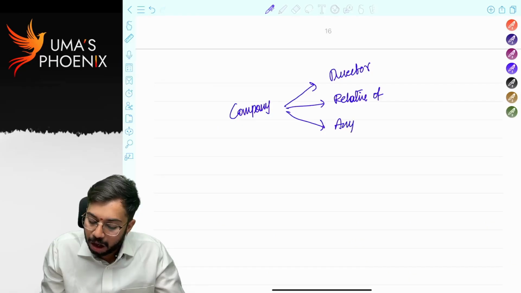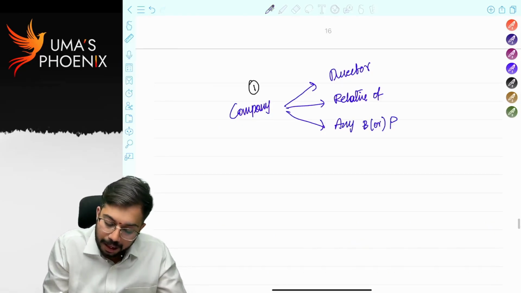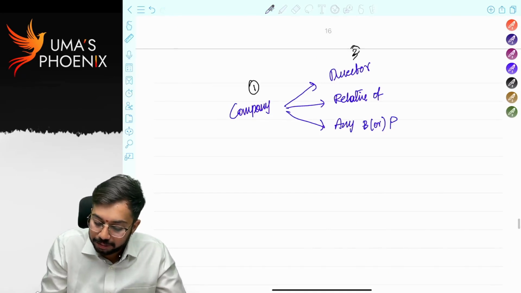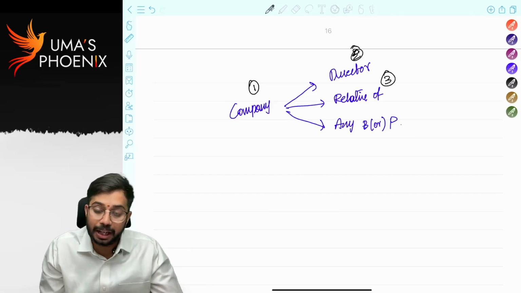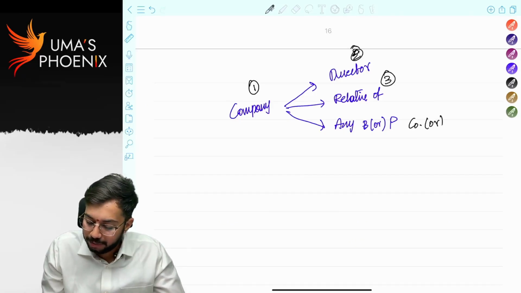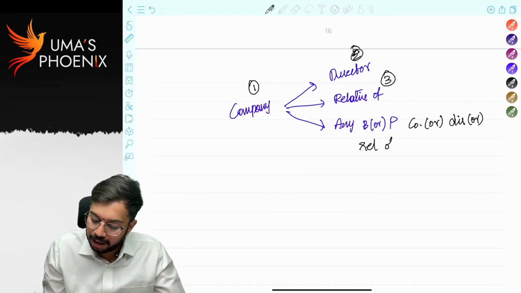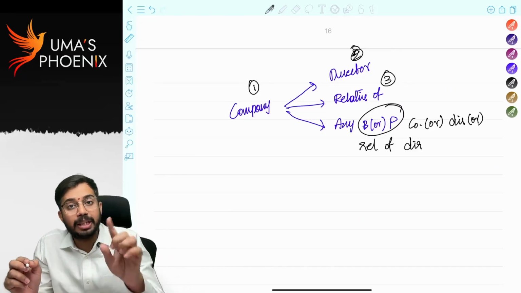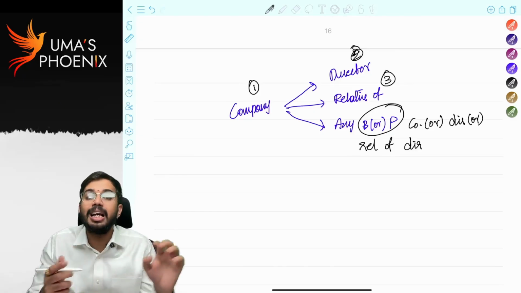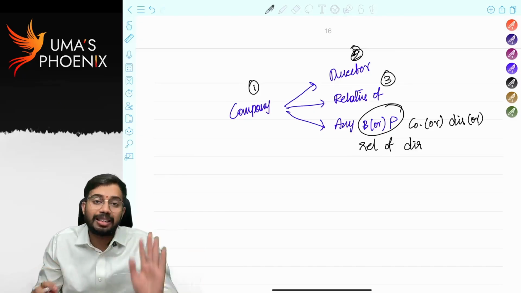Any business or profession in which the company or director or relative of the director is having substantial interest is also considered as a specified person, and for that business or profession, if this company makes excess payment, that is not allowed as deduction.